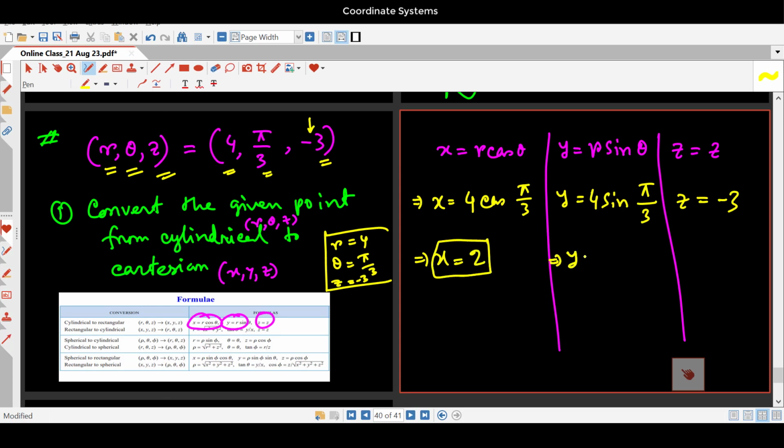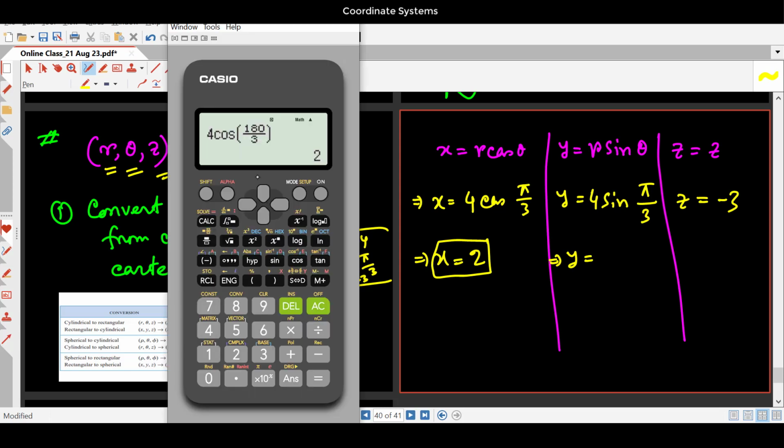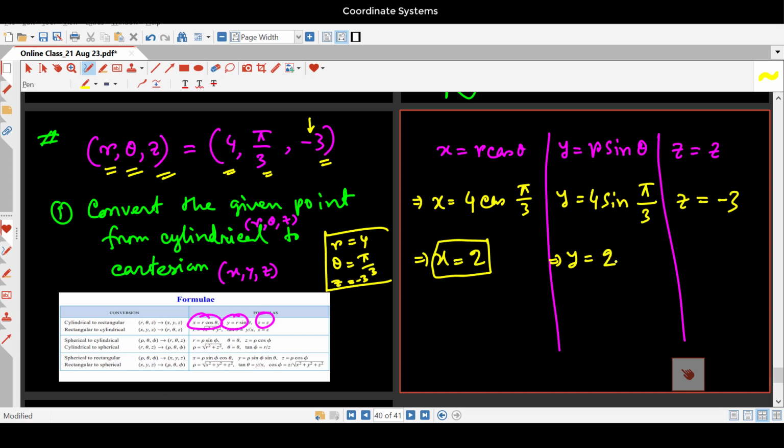Now similarly find y. So for y we have here 4 sine 180 divided by 3. That means it is 2 root 3. So this is y.